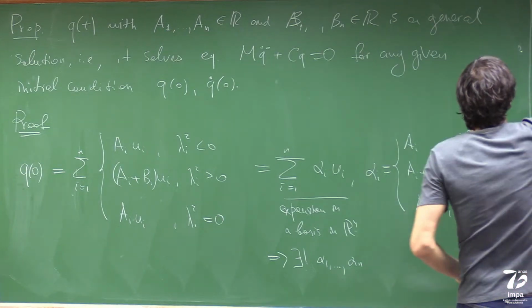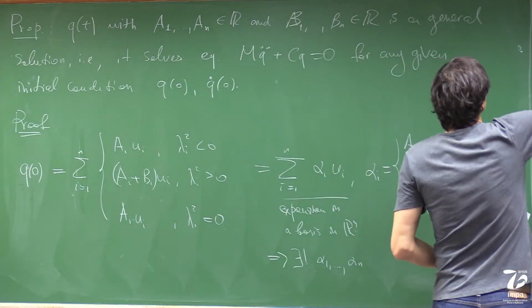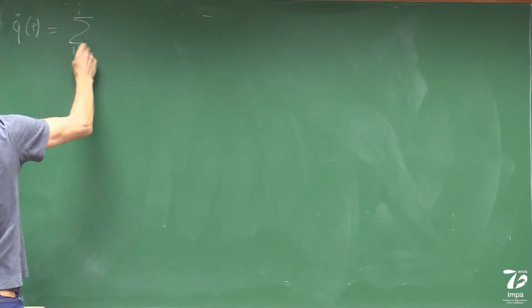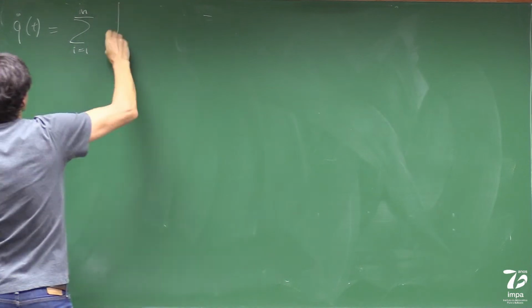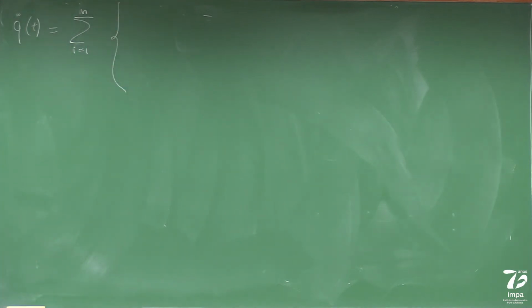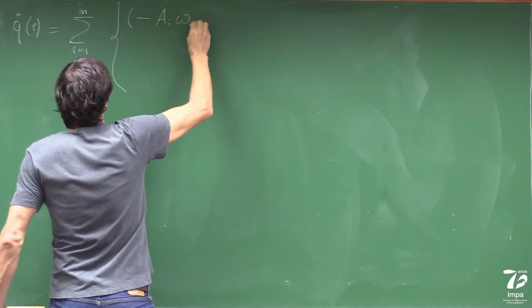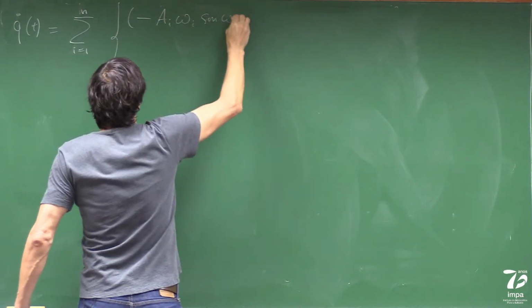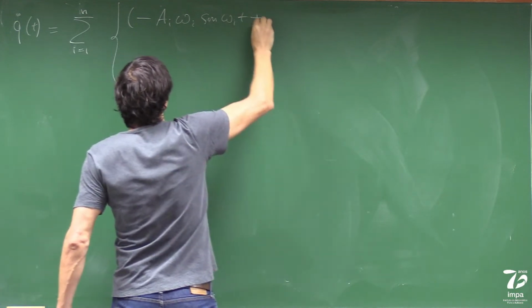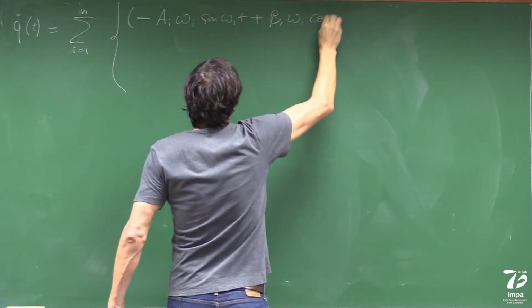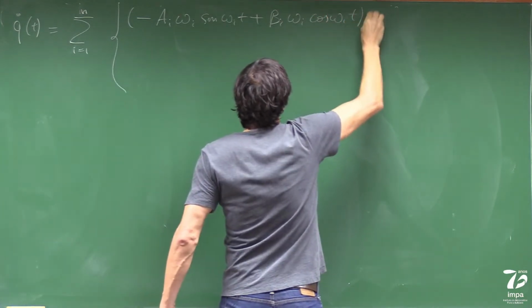So we have to compute the velocity. First, let's compute velocity in general. It's a sum over all modes, and then you differentiate this expression with respect to t. Cosine gives minus a_i omega_i sine omega_i t, plus b_i omega_i cosine omega_i t, times u_i.